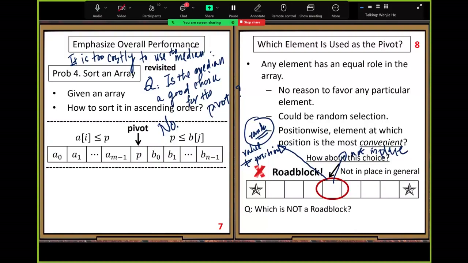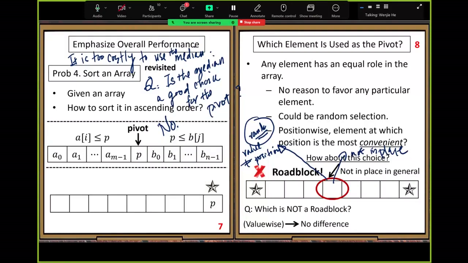So the best position for the pivot element is one of the two endpoints. Just select any one; they are the same. Value-wise, no difference, but position-wise, we want to put it in one of the two endpoints.